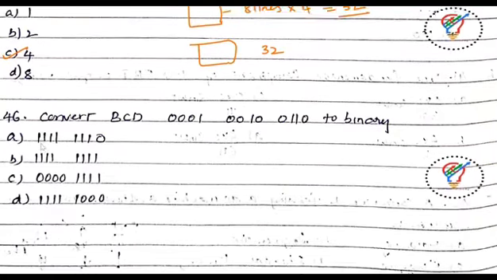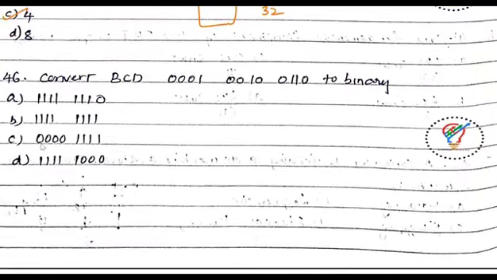Next one, convert BCD 0001 0010 0110 to binary. So this is a binary code. First what we'll do is convert these values into their equal decimal value. That is 0001 is 1, this will be 2 and here it will be 6. Now 126, I'll divide by 2.